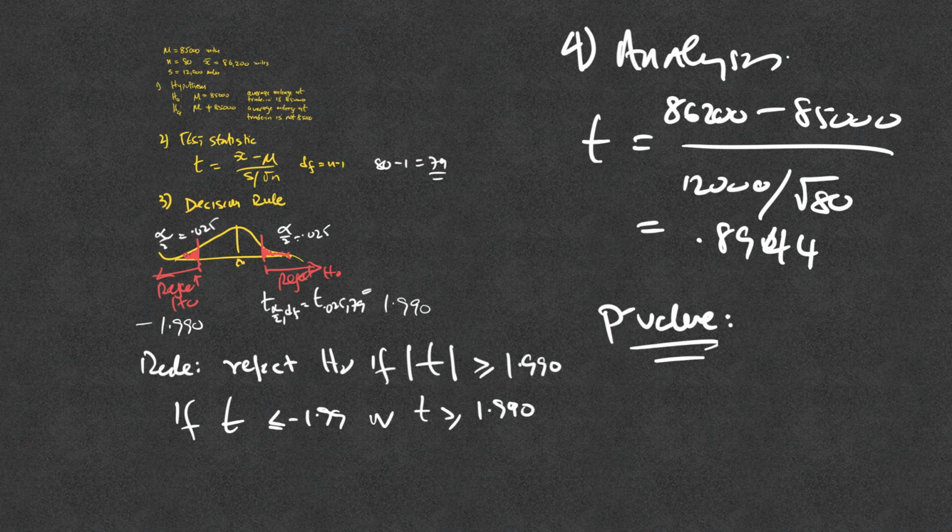And as you can see, it didn't travel far enough to be an outlier. It only traveled 0.89 standard deviations. How many standard deviations must it travel to be considered an outlier? 1.99 standard deviations. Almost 2 standard deviations. So it's not sufficiently different from the mean to be considered an outlier. So that's why we're not going to reject the null hypothesis. Make sense? We failed to reject the null, okay?